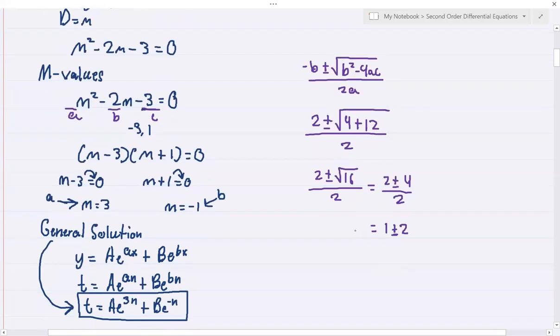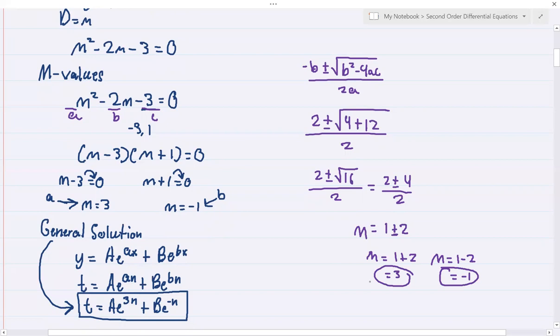Okay? So we can now get your m values. So first, m is equal to 1 plus 2, so you will have 3. And we have the other one. Wait, hold on. My application is lagging. There we go. So we have the other one, 1 minus 2, so you will have negative 1. So that means you have two different m values.